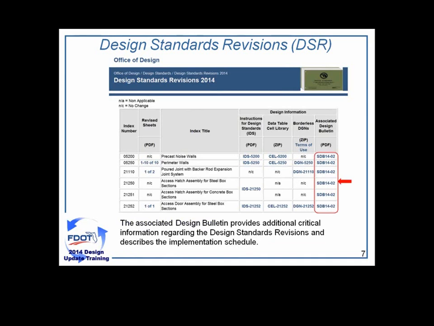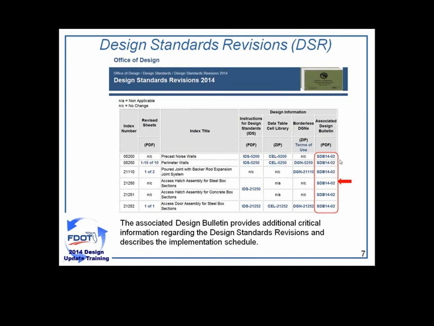Also, the associated bulletin contains critical information on the design standards revisions and also describes the implementation schedule. So it's critical that you read the bulletins that are associated with the design standard revisions.